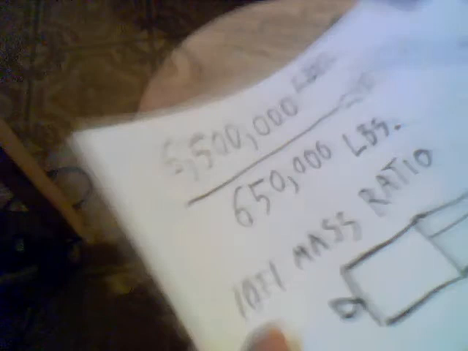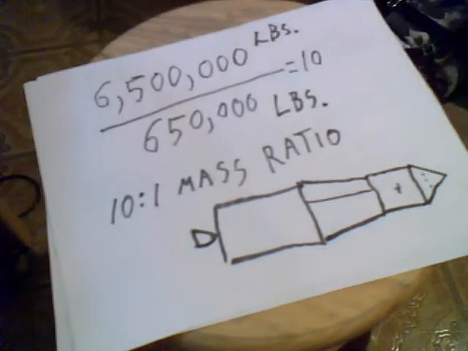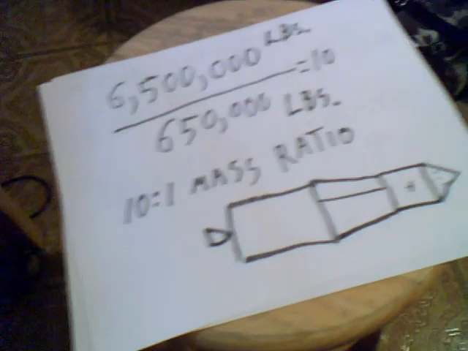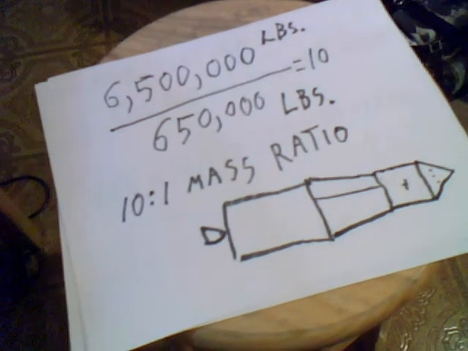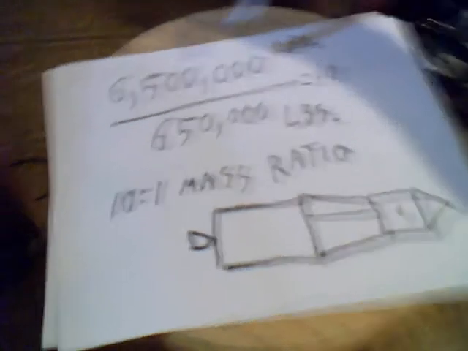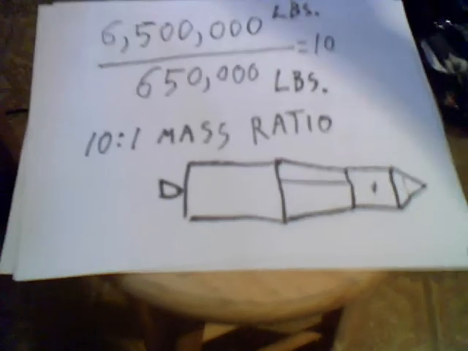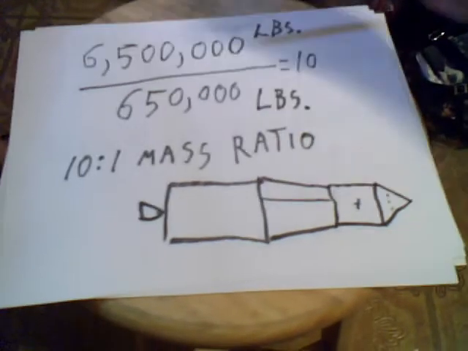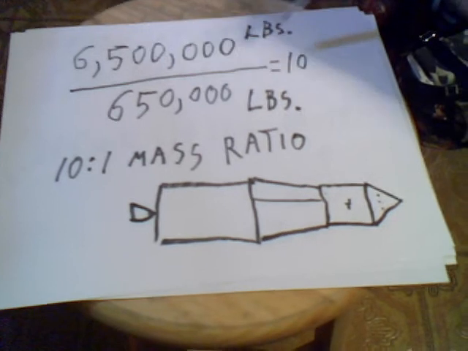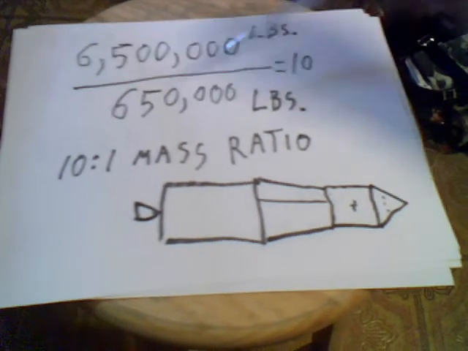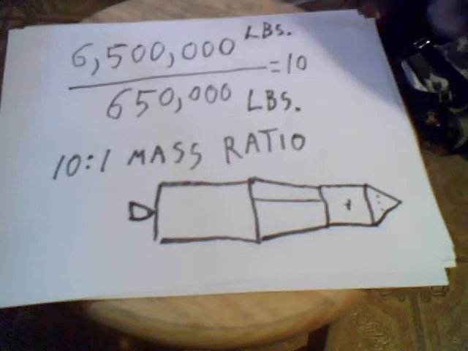Now, this example here is the Saturn V rocket. I don't draw too good. You've got to talk to Sandra about drawing. But this is 6.5 million pounds of fuel and structure. That's what we want for our rocket. What we need to get into orbit is 650,000 pounds. The mass ratio then becomes 10.